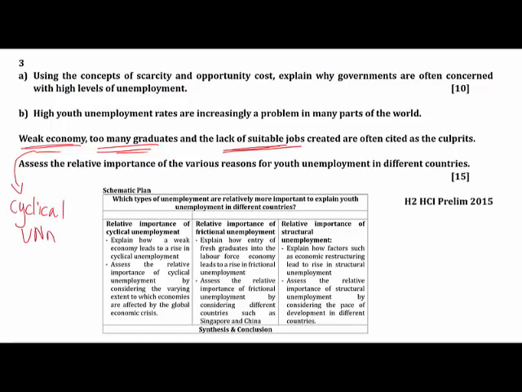Too many graduates are likely to signify frictional unemployment, because when you graduate, you straight away become frictionally unemployed. For this one, there's a mismatch of skills, probably that's why there's a lack of suitable jobs. So you have structural unemployment.